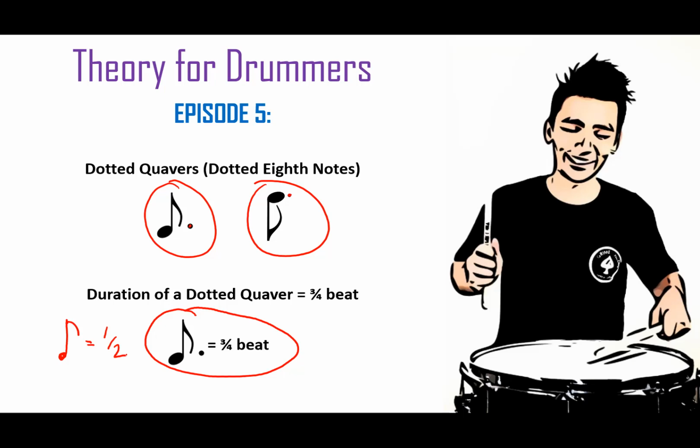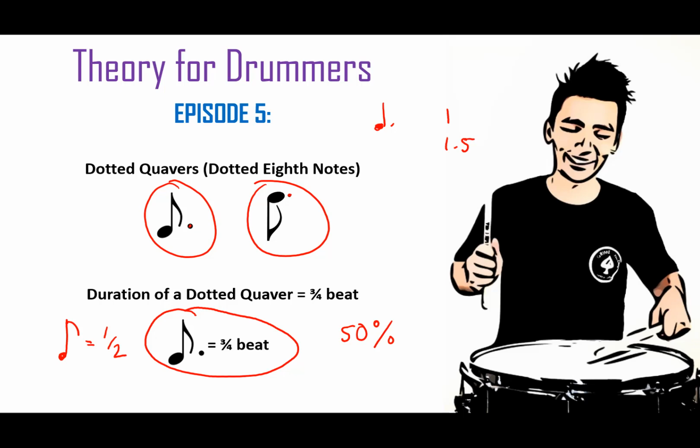In fact, anytime you put a dot out the front of any note, the duration of that note increases. But you might be thinking, by how much? The rule is, put a dot out the front and you increase the duration by 50%. So you take a crotchet, let's say, put a dot out the front of it, it goes from being 1 beat to being 1.5 beats.